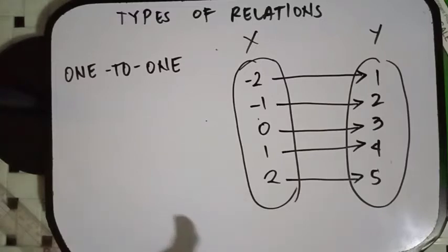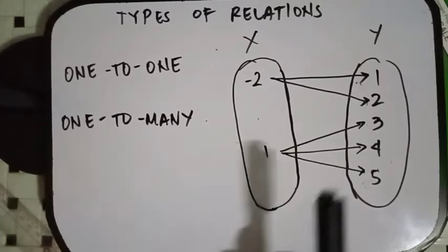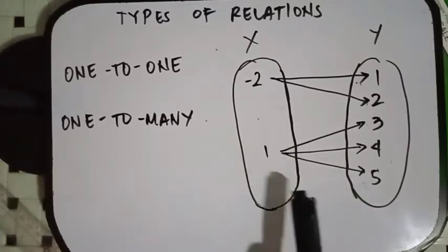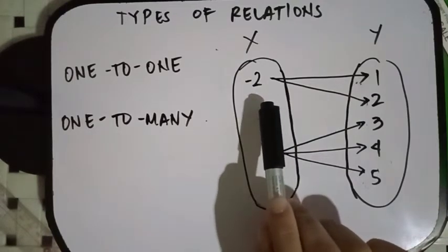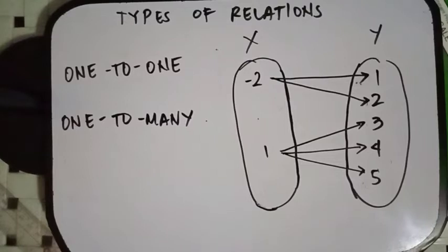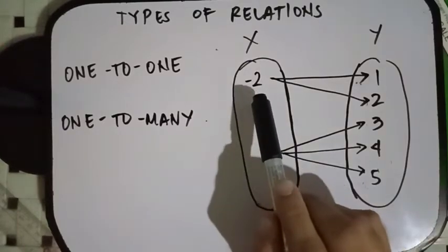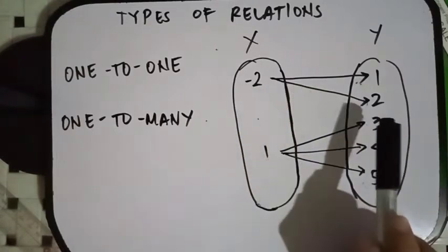Ang susunod naman ay one-to-many relation. So, dito sa one-to-many relation, kung mapapansin natin, yung isang value of x ay nakapares sa 2 or more values of y. So, makikita natin, negative 2, nakapares siya sa 1, at the same time, nakapares siya sa 2.